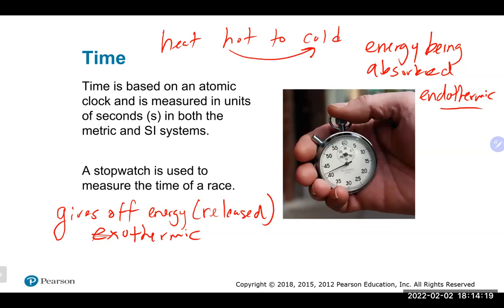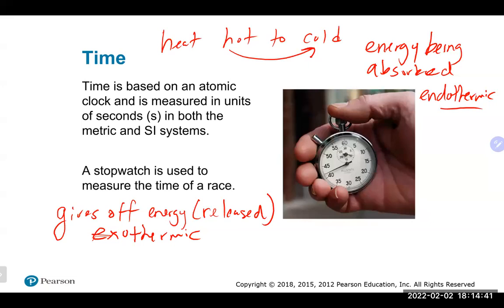Now, time, as we talked about, seconds is a common unit of time, but you are sometimes asked to calculate things in minutes and days, and as we talked about earlier, hopefully you know those conversions.